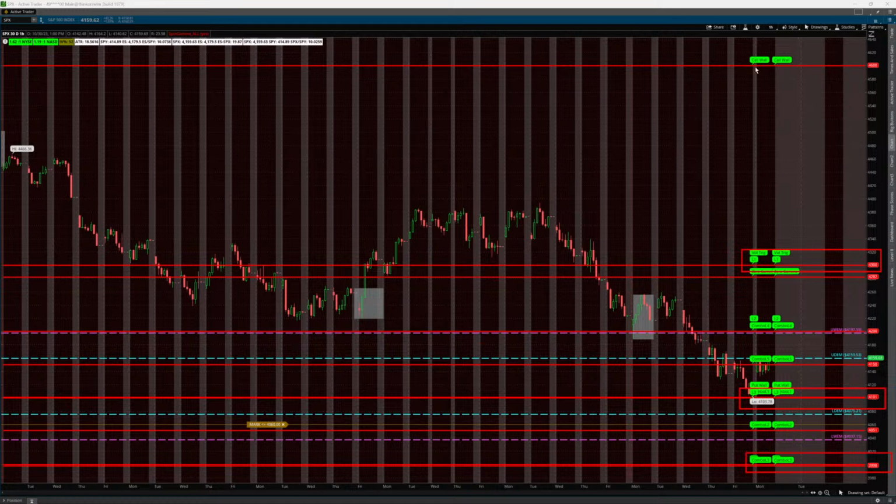The next level up is the call wall at 4,600. That's the strike with the largest net positive gamma that can be expected to act as resistance. And that's really far out of play today, and the call wall has been moving around quite a bit. Really the force driving the market today is the put domination in this negative gamma environment.